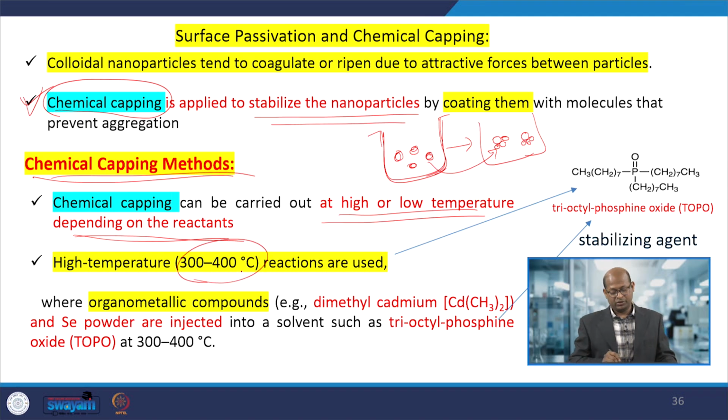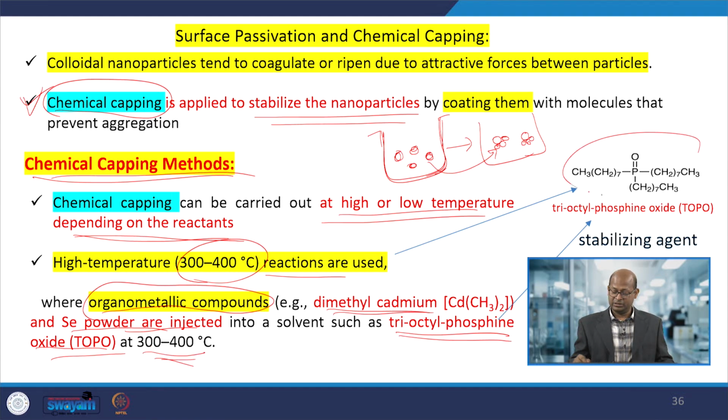Usually 300 to 400 degree reactions we use for the preparation of colloid synthesis or these chemical routes. So here, organometallic compounds like dimethyl cadmium and selenium powders are injected into the solvents, trioctyl phosphine, TOP. So at 300 to 400 degrees centigrade, this is the TOPO, trioctyl phosphine oxide.